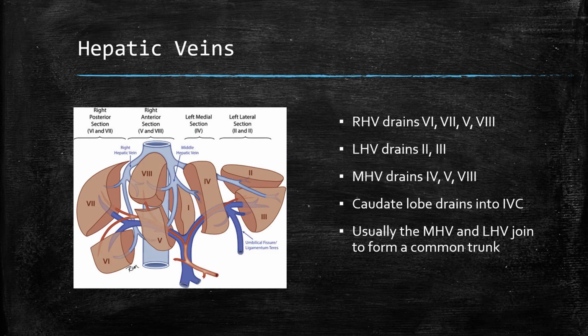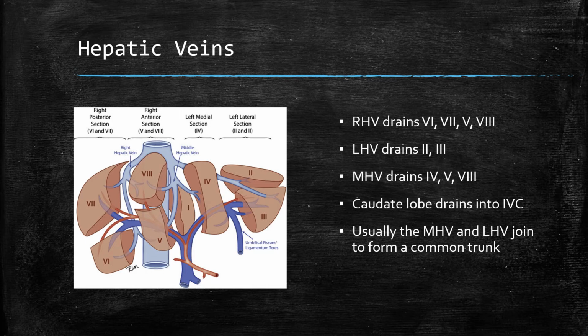We've already talked about the hepatic veins in some detail, so I just want to make a few more points. The hepatic venous drainage of these inferior segments, 8, 5, and 4, is more complicated than the Couinaud classification system might let on.